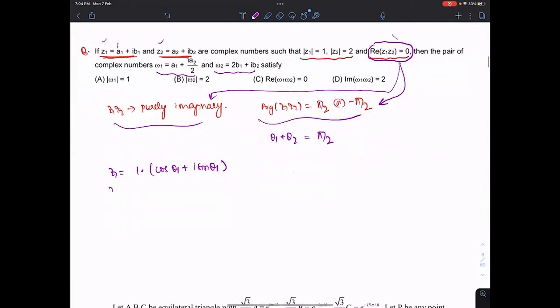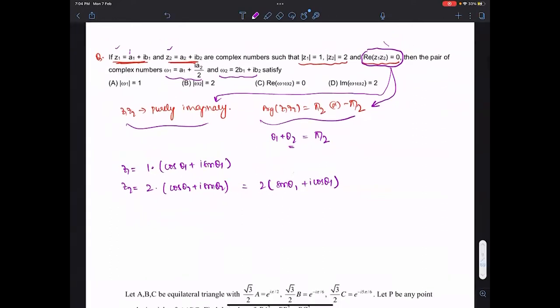What will be Z2? Modulus is 2 times cos theta 2 plus I sin theta 2. What is theta 2? Pi by 2 minus theta 1. If you substitute, cos of pi by 2 minus theta 1 is sin theta 1, plus I cos theta 1, like this.